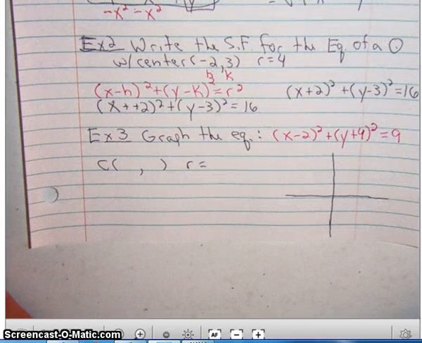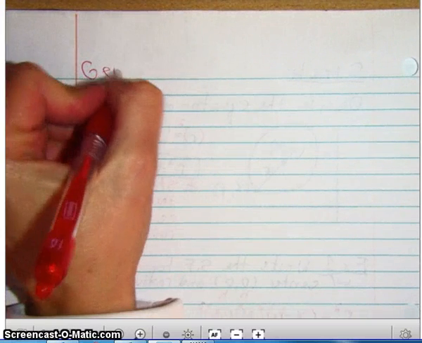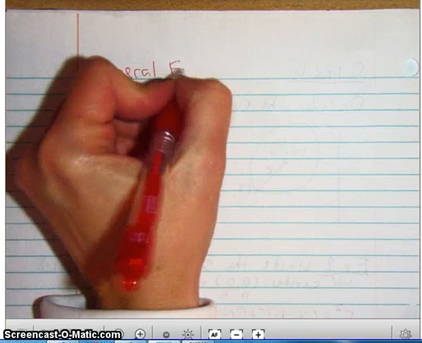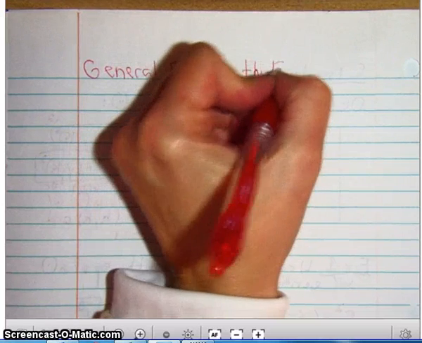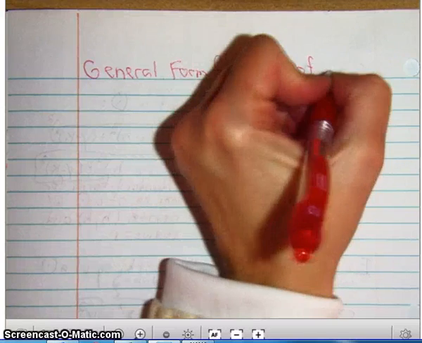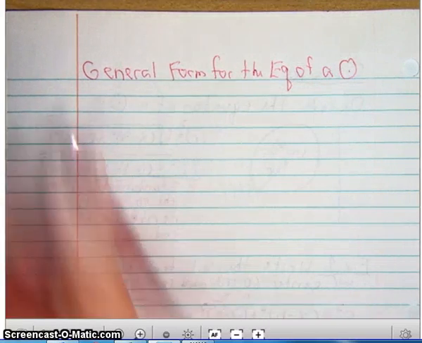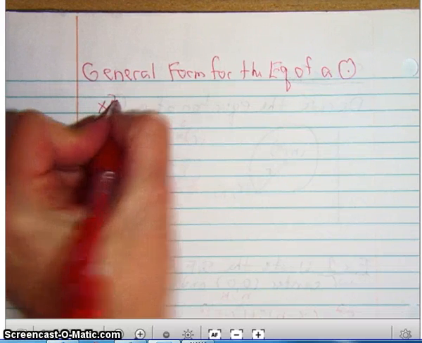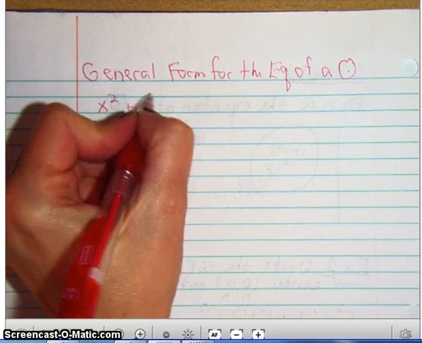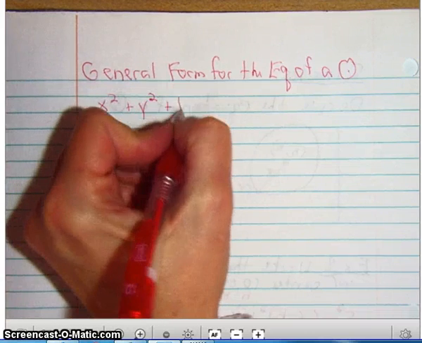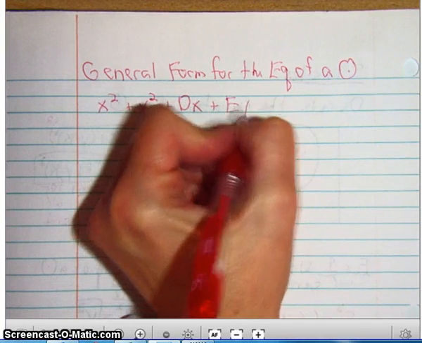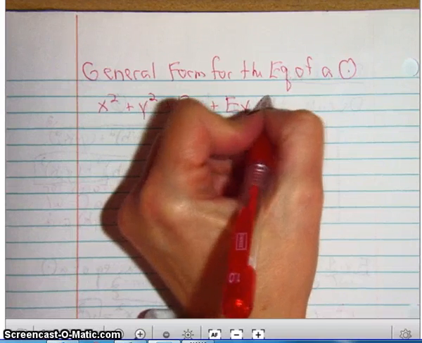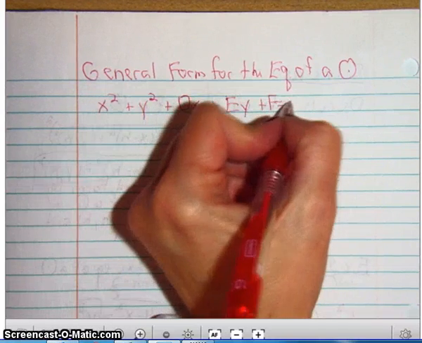So first, the general form for the equation of a circle. It looks like a bit of a mess. It's x squared plus y squared plus capital D x plus capital E y plus F equals 0.